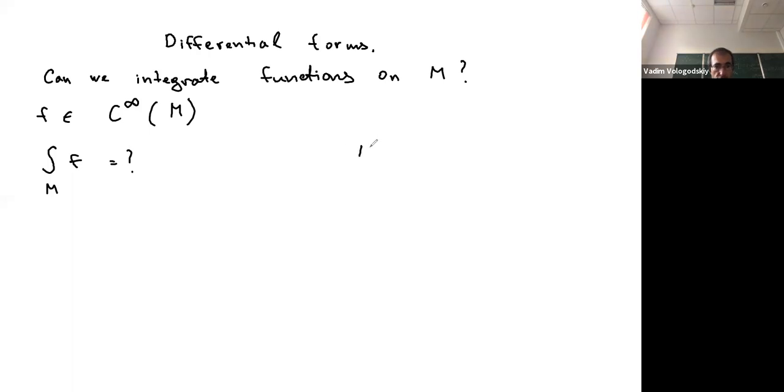So if I have a manifold M and another manifold N and a diffeomorphism, let's call it capital F, and I have a function f on N, it gives rise to a function on M, namely I can consider the composition.